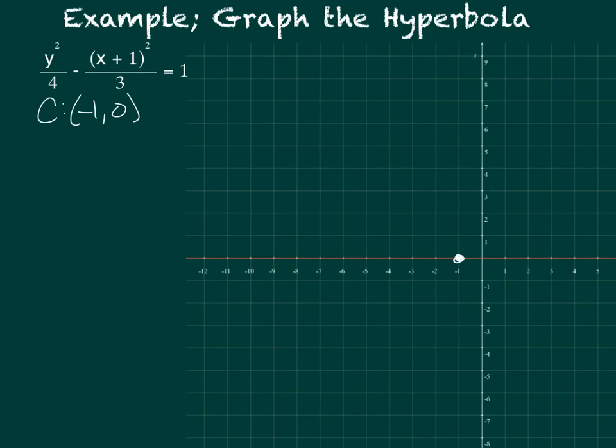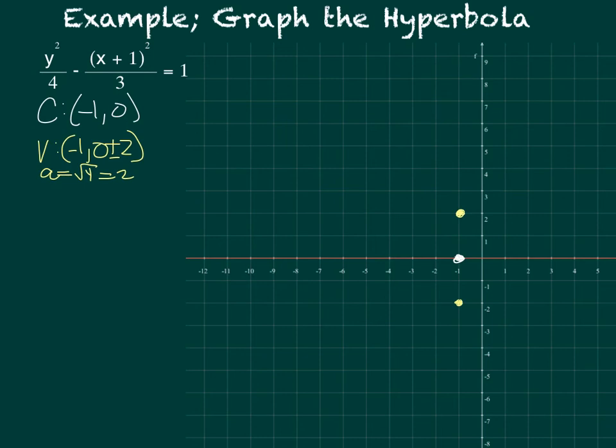And then my vertices are going to correspond to my a, which is with the y this time, so it's negative 1, and then it's going to be 0 plus or minus my a, and my a is the square root of 4, which is 2, so plus or minus 2, and that's going to be with the y, so it's going to come up here to negative 1, 2, and down to here, negative 1, negative 2.